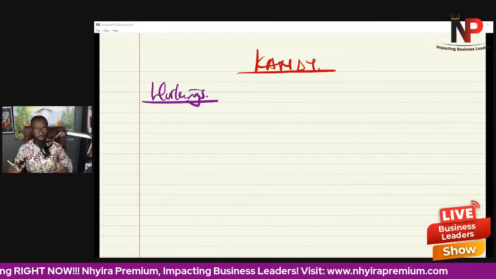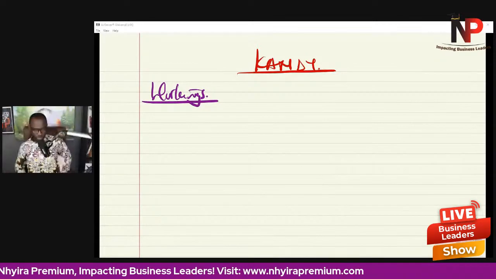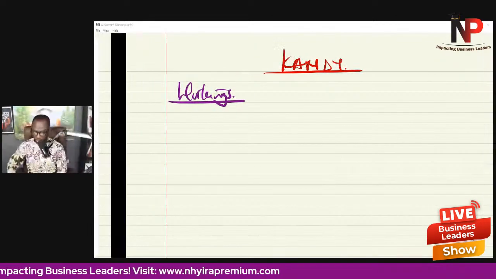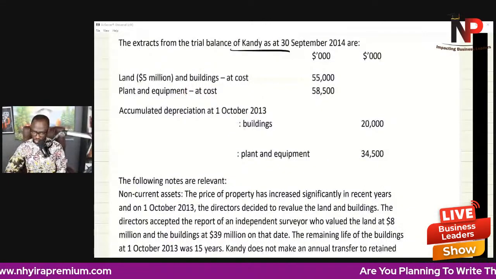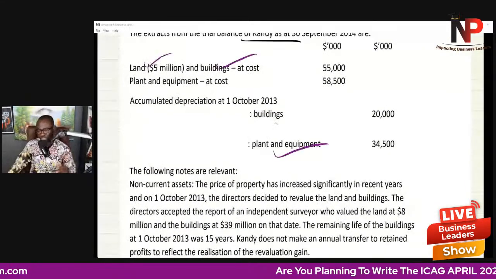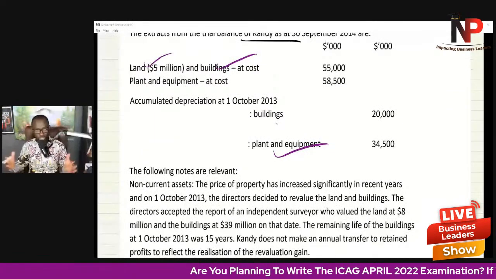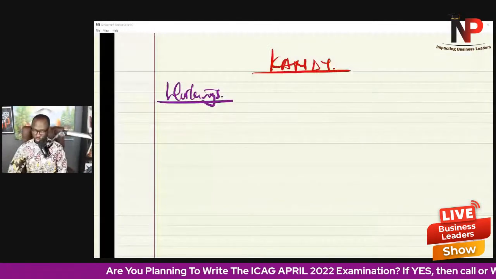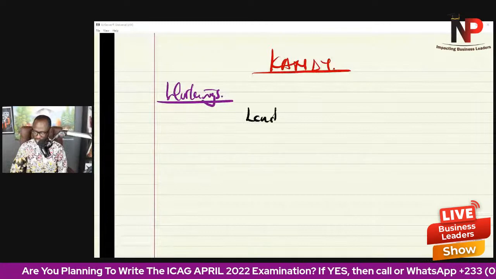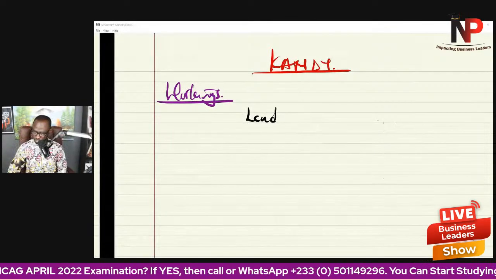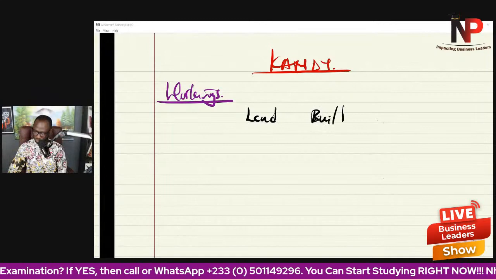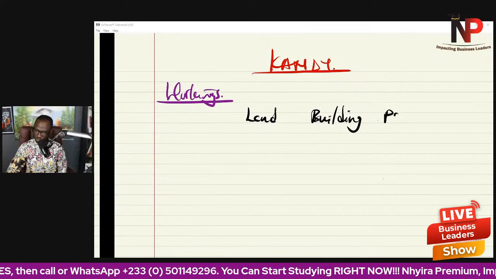Now, the way we structure our workings will be based on the information we have available in the question. So we see land, we see building, we see plant and equipment. So it's our property, plant and equipment. The three elements are there. So we're going to have land, we will have building, we'll have plant and equipment.